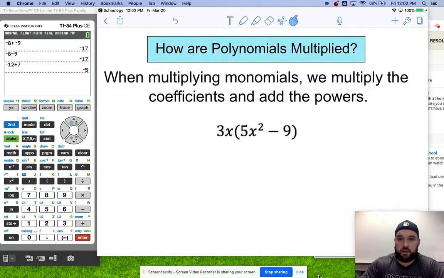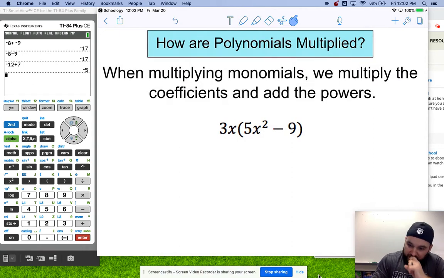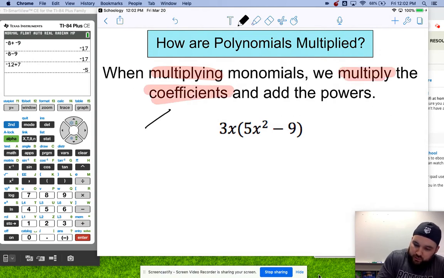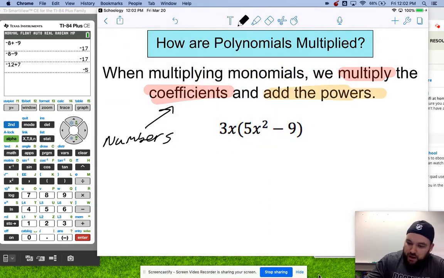Again, to reiterate from that third example, we are going to be multiplying monomials together. We multiply the coefficients, meaning the regular numbers, and we are going to add the exponents, or add the powers.